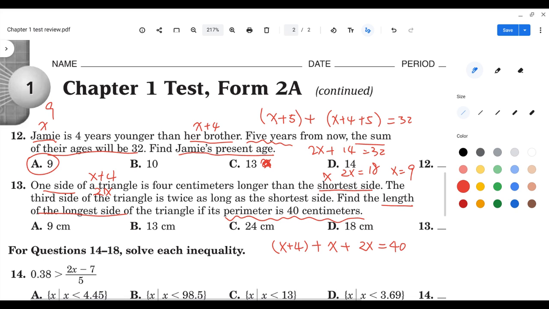What you solve here, x, is it the longest side that we're looking for, or the shortest side? We set the shortest side, x, and it is 9. That means our longest side is what? 2x is actually 18.